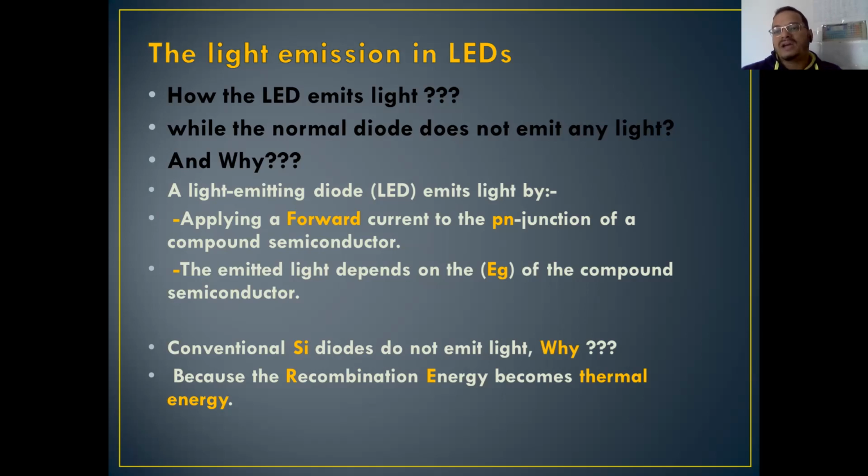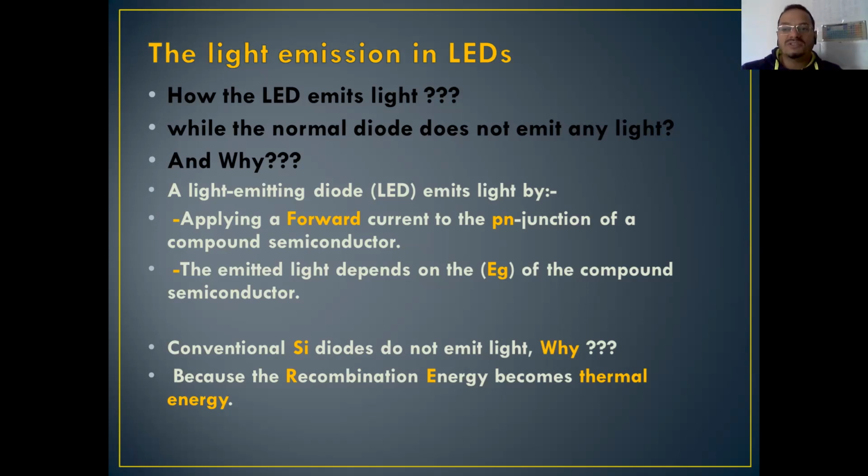Because here we deal with a diode that can generate light from the electron when it moves away from the conduction band and then comes back to its place, it will emit light.